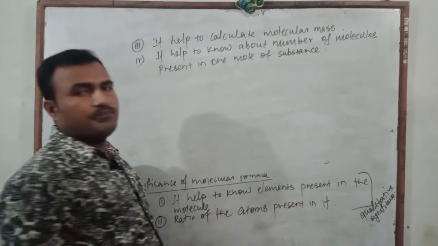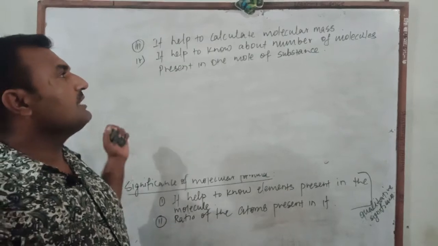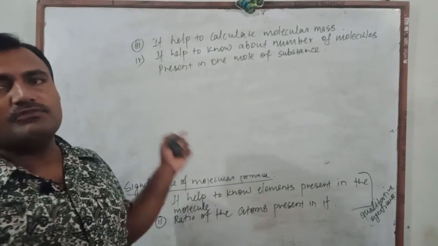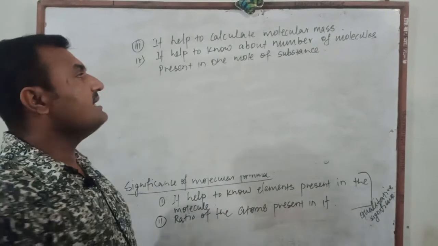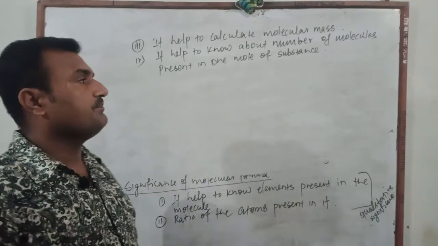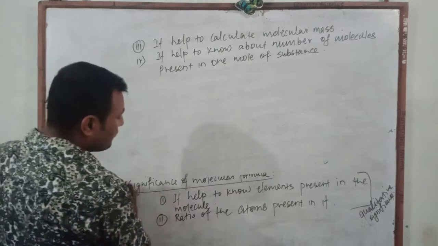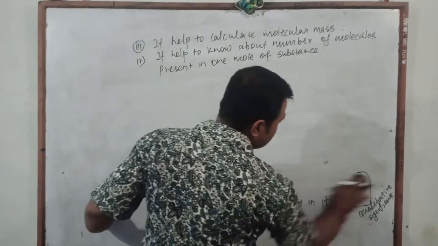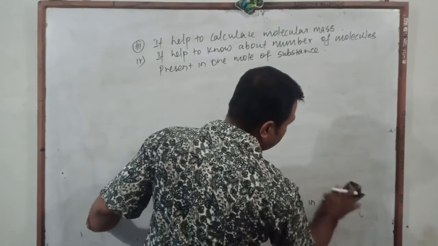Or molecular or molar mass of the compound can be identified with help of their molecular formula. So these are called importance of or significance of molecular formula.